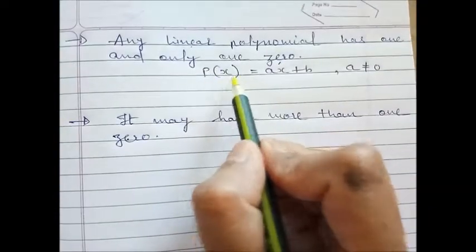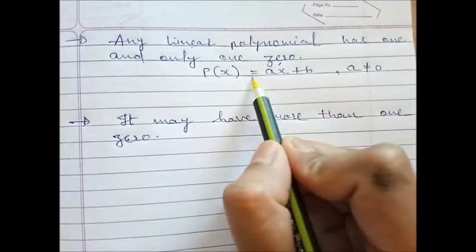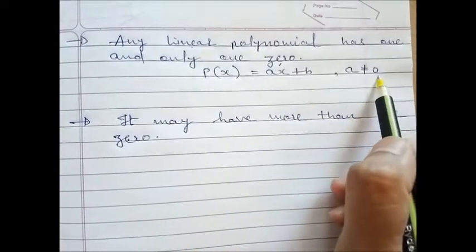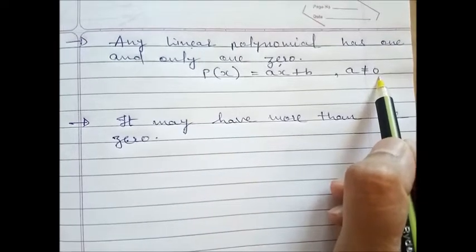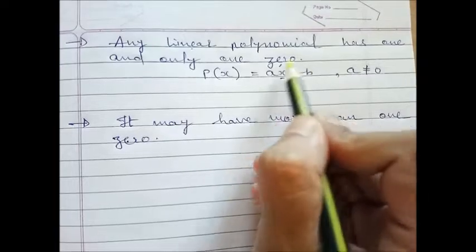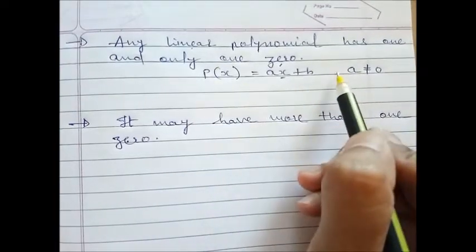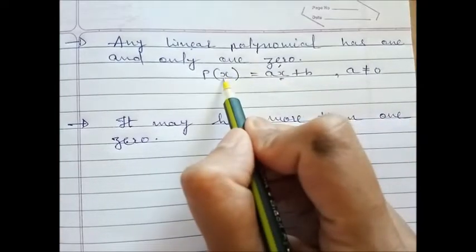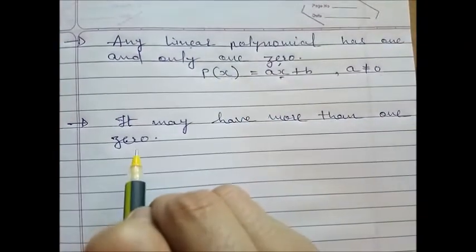Now you know that a linear polynomial will always be in the form ax plus b, where a is not equal to 0. Now we know that if for any x the entire value comes 0, that means that x is known as the 0 of that polynomial, right?